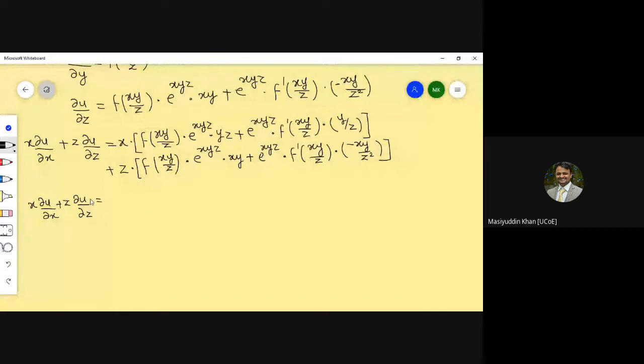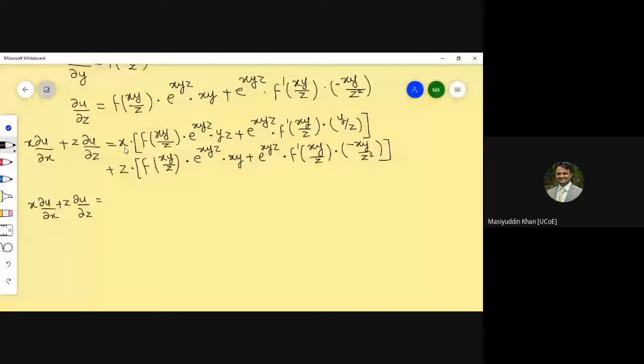Now you can just observe this part. If you are going to observe, so this, if I multiply here x, so I will get what? F of xy by z into xyz into e raised to xyz.